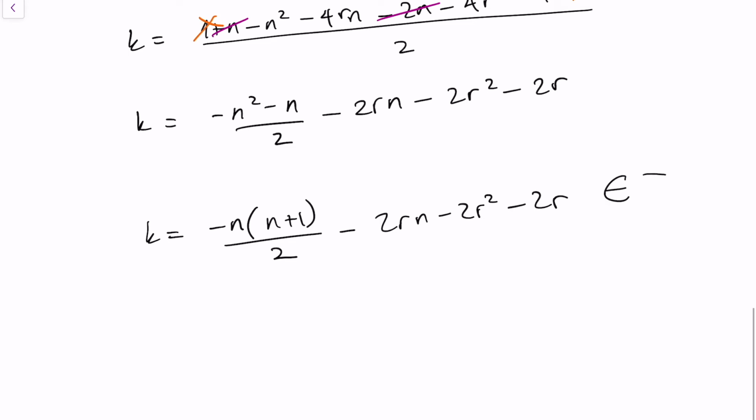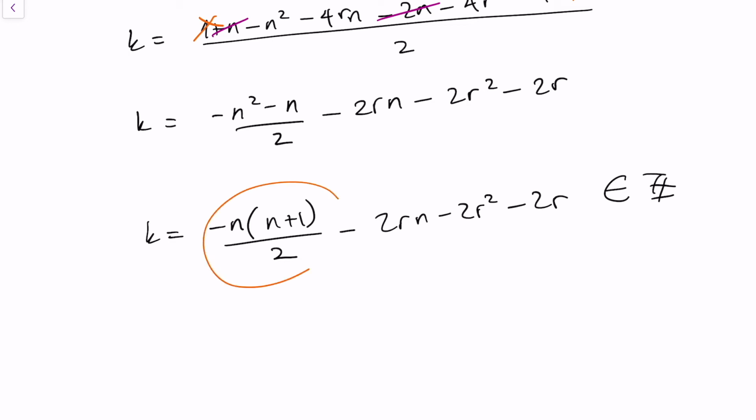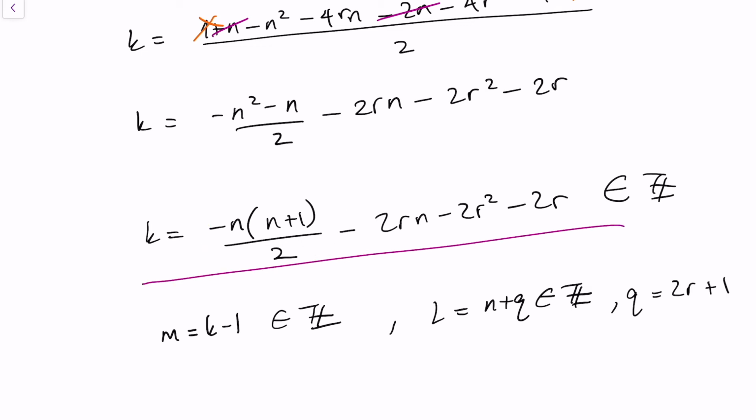Well, this is clearly an integer, since we have two consecutive numbers, we'll always divide by 2. And since we have m is equal to k minus 1, that implies m is also an integer. And we define l to be n plus q, so this is also clearly an integer, where q is an odd number, 2r plus 1. So this is k, this is m, this is l, and this is q, right?